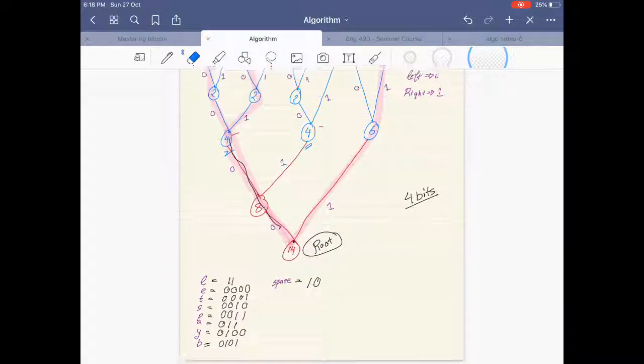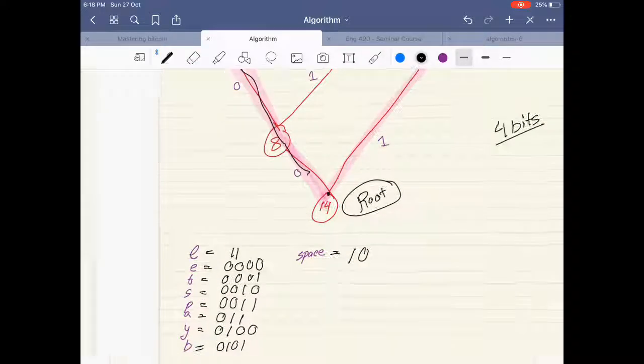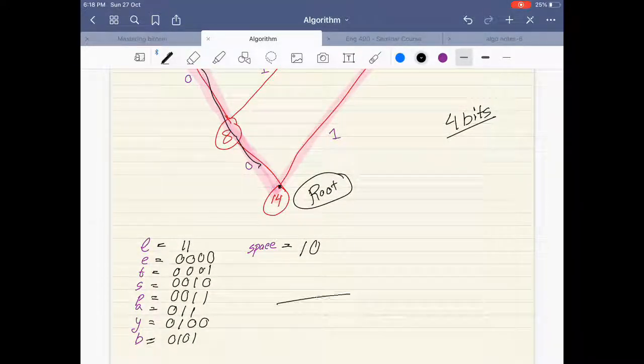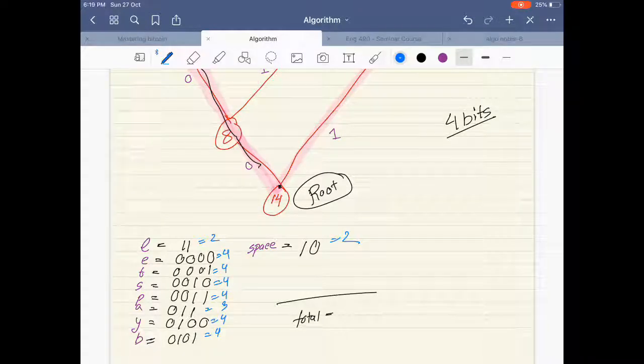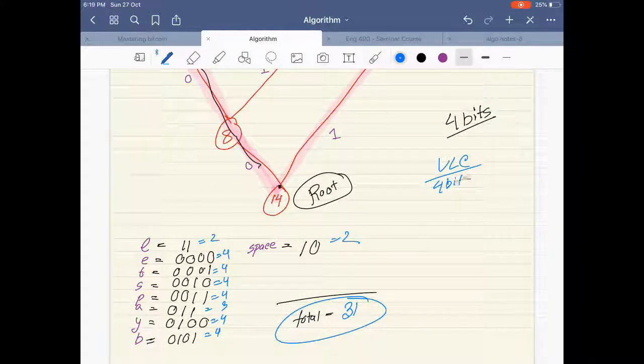So let's try to see how many bits we have used in total. So 2 and 4, 4. So in total we have 31 bits. So if we use the fixed-length scheme here and use only 4 bits each, we would have 56 bits.